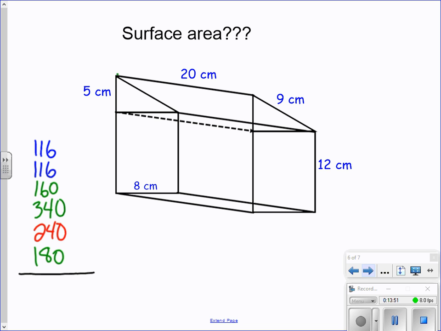Remember that we do not need this one here in the middle because it's in the middle of the shape, and the surface area only includes the stuff on the outside of this. We don't have to worry about the ones in the middle. And in fact, in this case, I don't know if there actually is one in the middle. I guess let's add that up just for fun. That's 160, that's 340 plus 240. No, you know what, let's not.